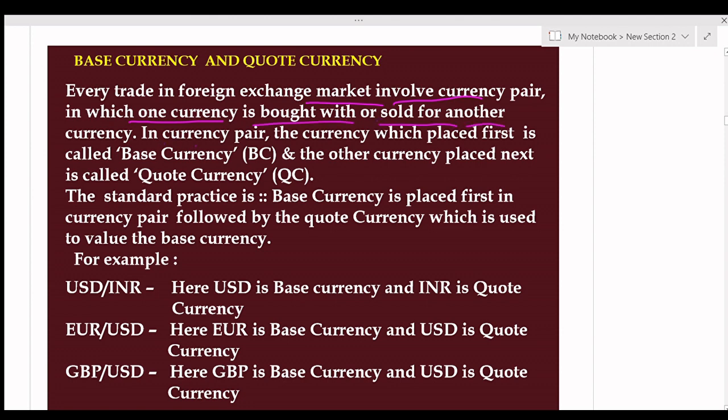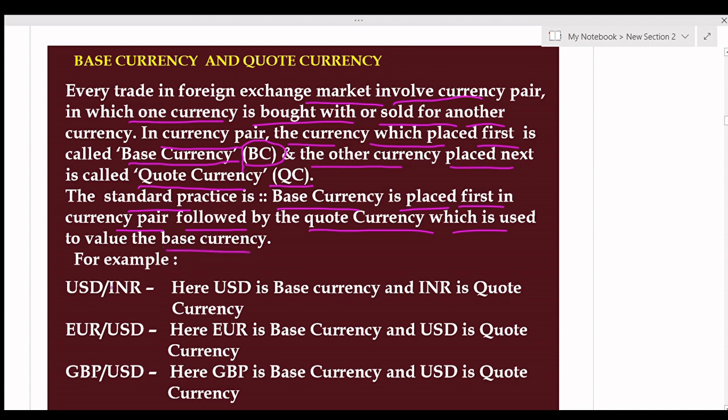In a currency pair, the currency placed first is called the base currency, that is BC, and the other currency placed next is called the quote currency, that is QC. The standard practice is that the base currency is placed first in the currency pair, followed by the quote currency, which is used to value the base currency.